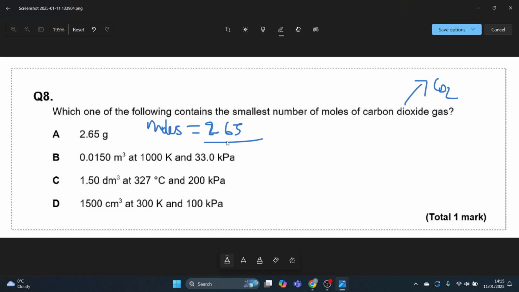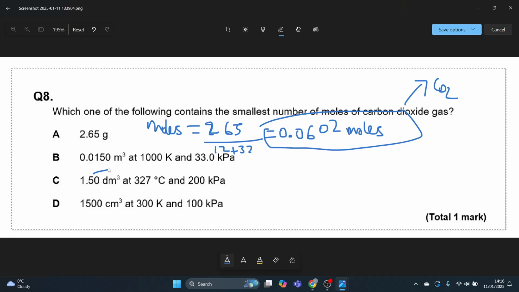CO2 MR. So in this case it would just be 2.65 divided by 12 plus 16 plus 16. 0.0602 moles. In this case, well, PV equals nRT, n equals PV divided by RT.